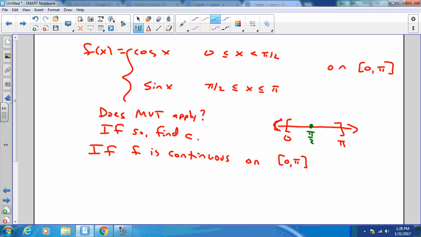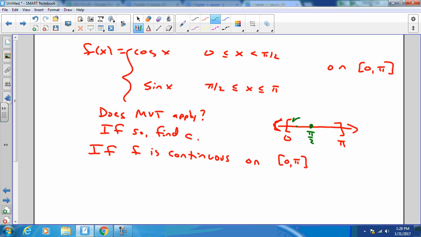So I really need to consider three different questions. The first question I have to consider is, is the first piece continuous on 0 to pi over 2? Let's check that really fast. Cosine x, is that a continuous function? Yeah, think about the graph, it's continuous. So we are continuous in this portion of the domain.